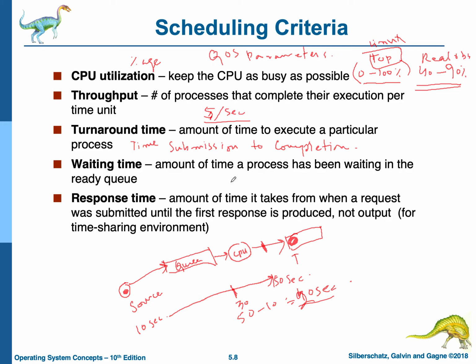And waiting time, the amount of time a process has been waiting in the ready queue. Because, for example, this is the ready queue, and how much time a process is waiting. In this example, if we see, then it is waiting for 20 seconds.